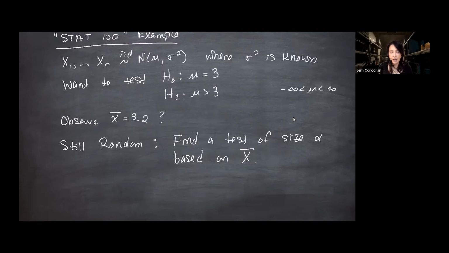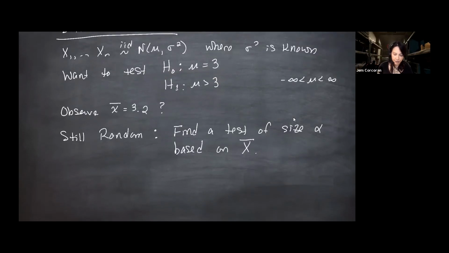If you view an X bar, the only way you're going to believe that the true mean is greater than 3 is if X bar probably needs to be greater than 3, and it needs to be significantly greater than 3, whatever that means. So maybe seeing a 3.2 is not going to be enough to say that the true mean is greater than 3. So we get what is known as a rejection rule. This is also something that I call the form of the test.